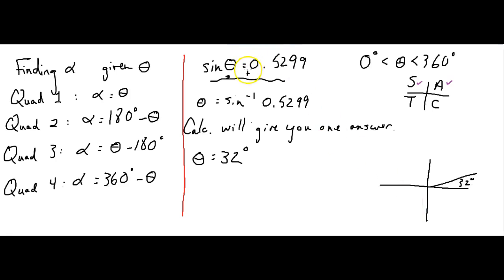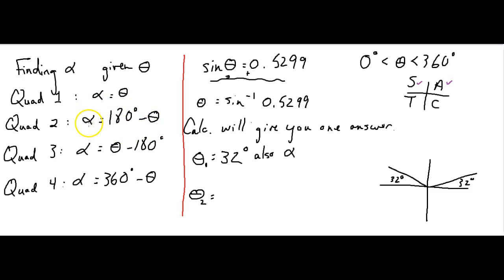But we also know that sine is positive in quadrant 2. So there's also an angle that is 32 degrees from the x-axis over here. And these would be the same. So this is 32 degrees. So this is theta, but it's also alpha, a reference angle. This is theta in quadrant 1, but it's also our alpha. What about theta in quadrant 2? How are we going to find that? Well, for quadrant 2, we just have to rearrange this equation.